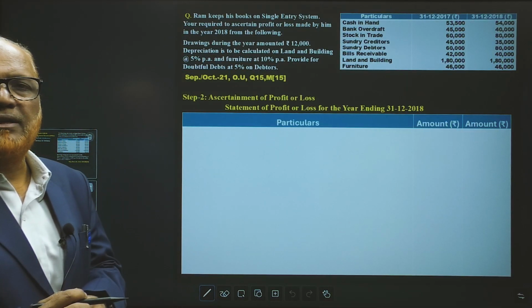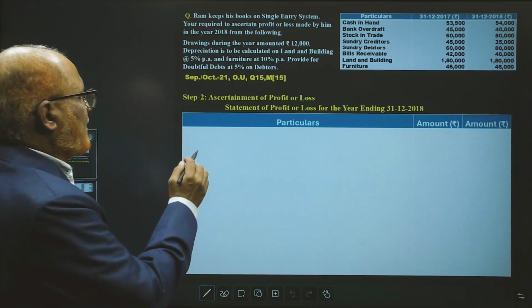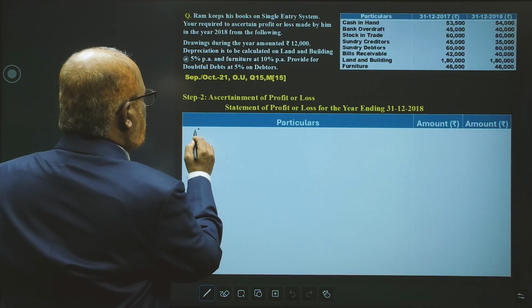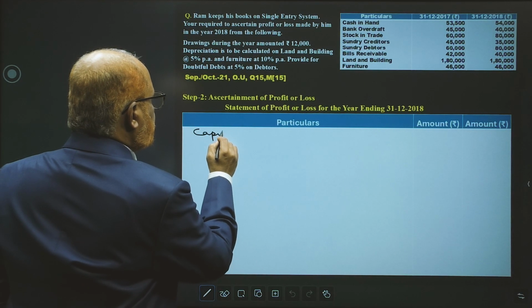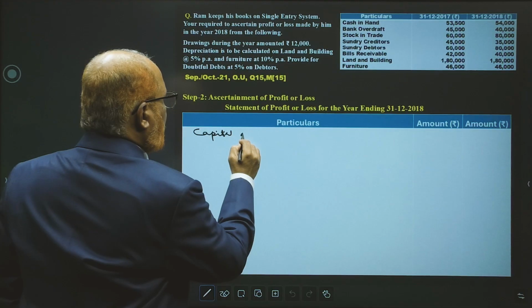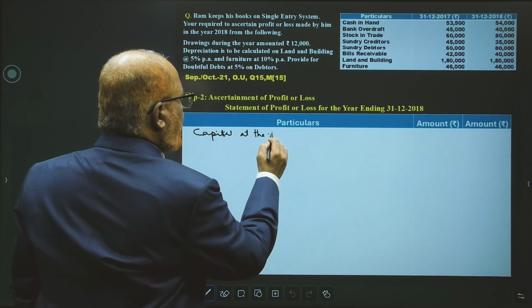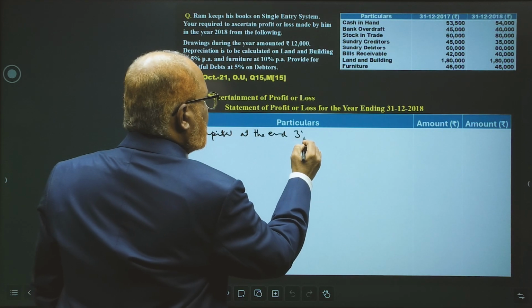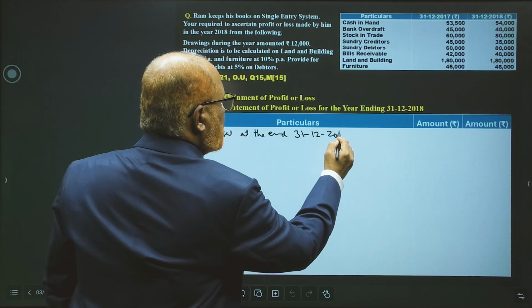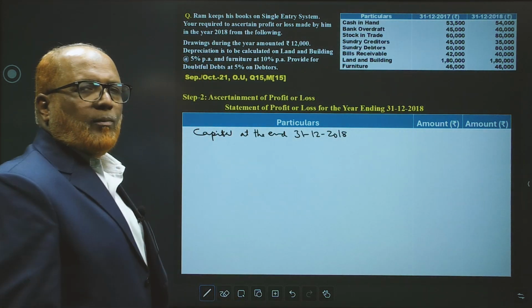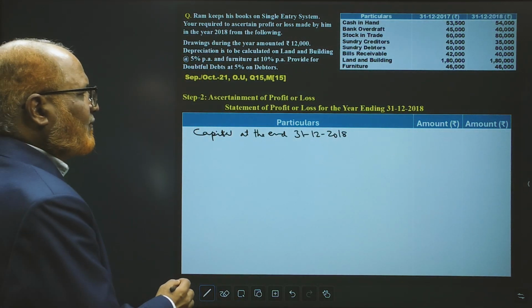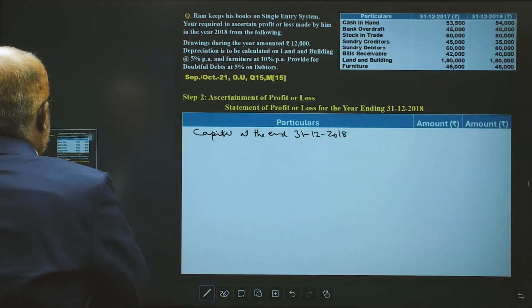First of all, take the capital at the end of the year, that is 31st December 2018. How much capital? I think 4,05,000 something. We'll check.